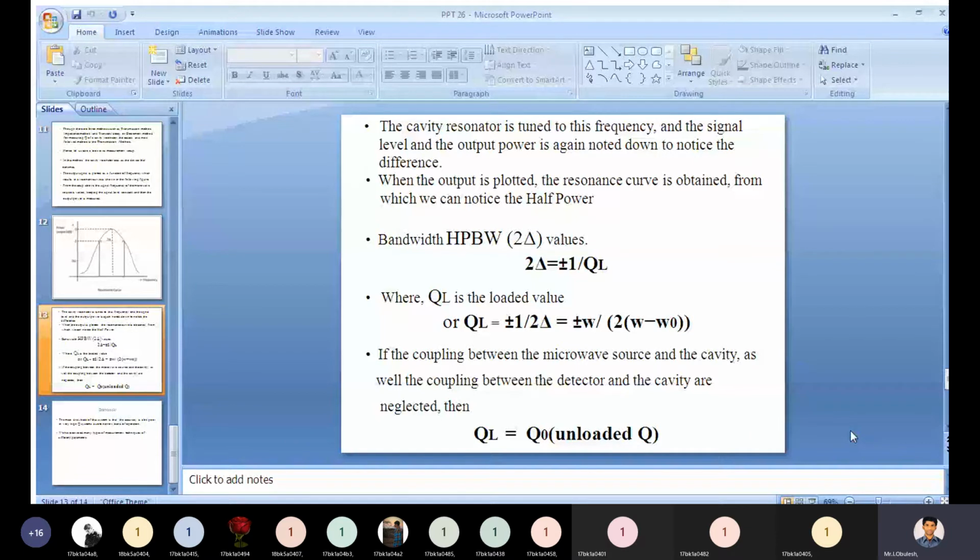If the coupling between the microwave source and the cavity, as well as the coupling between the detector and the cavity, are neglected, then the loaded value Q_L is equal to Q_0, the unloaded Q value.